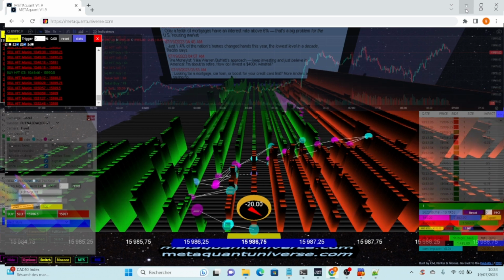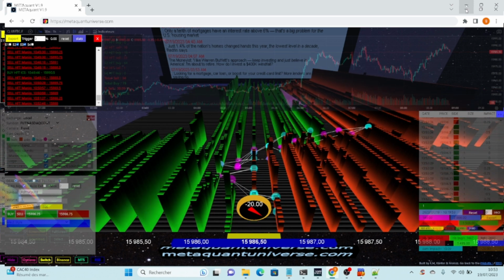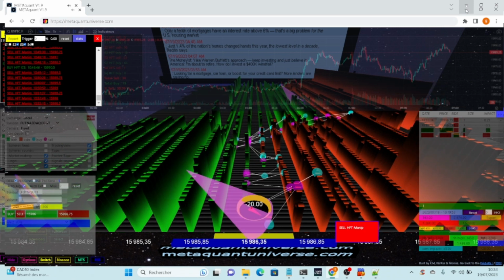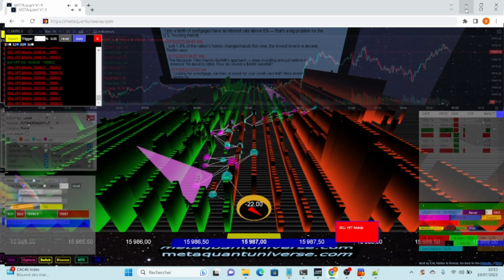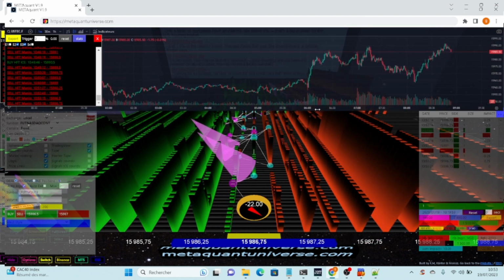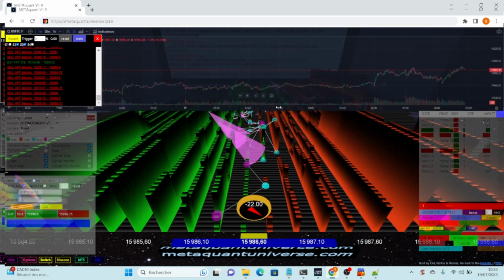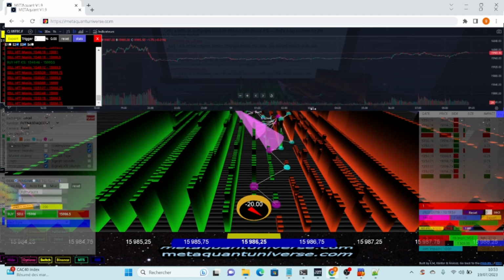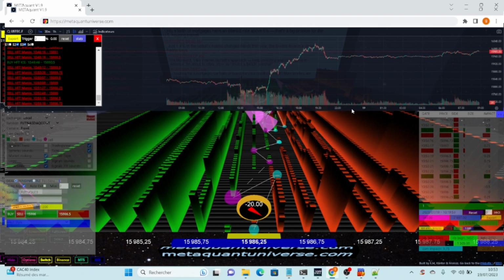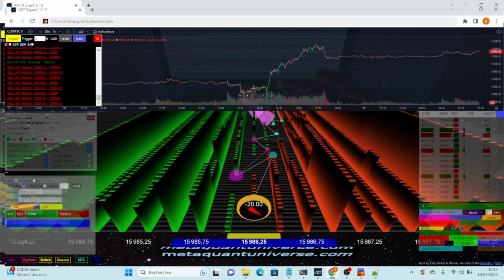We are now on the Nasdaq 100 index, CQG data feed, and we have a very interesting situation here because, as you can see, we had a particularly interesting bullish session since yesterday.